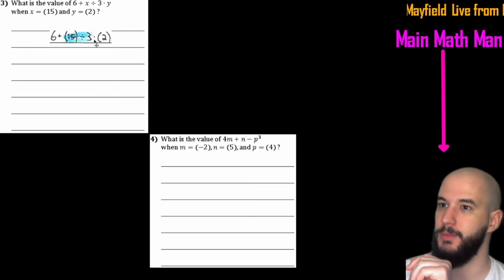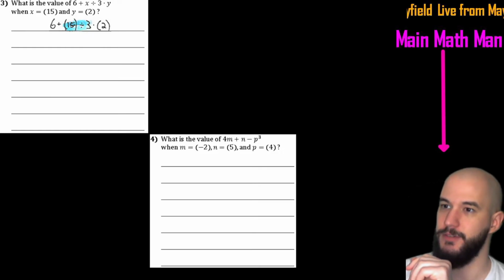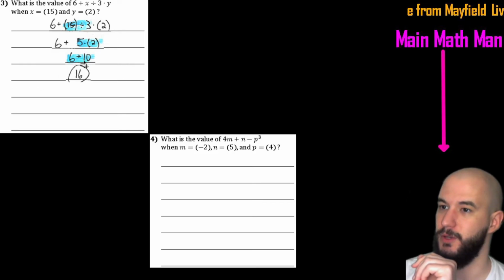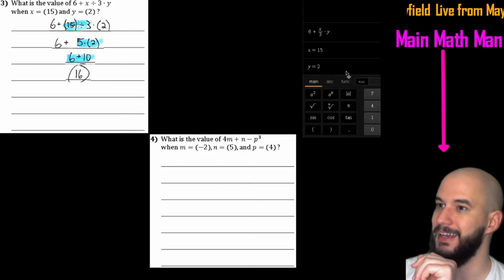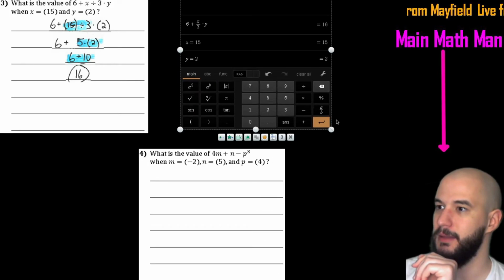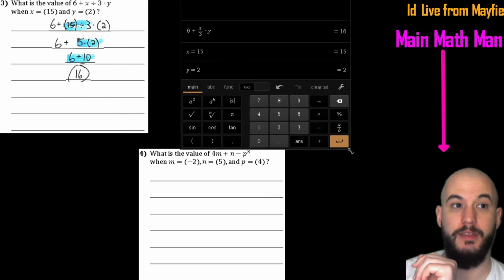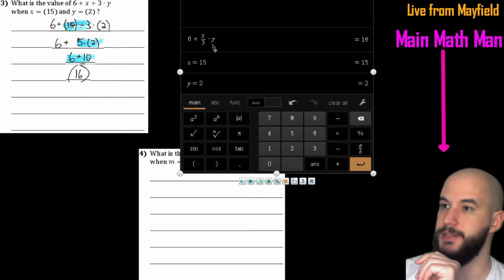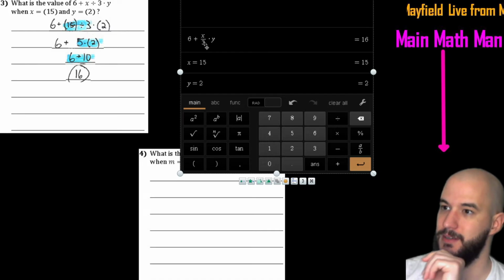I substitute in my values for my variables, and I'm going to do division first. 15 divided by 3 is 5. Then I do multiplication. 5 times 2 is 10. And 16 is what you end up with. Again, in that Desmos calculator, even though it might look a little bit different with the fraction bar here, that's okay, as you know that means division.